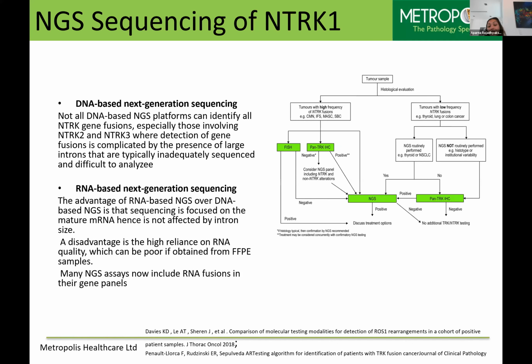How RNA helps is that the introns don't bother it as much, so you can sequence it better and faster and cover more genes. The problem with RNA sequencing is when the quality is poor, because RNA gets degraded very quickly. So the sample requirement is a lot more stringent. It cannot be impure or contaminated for it to work correctly.